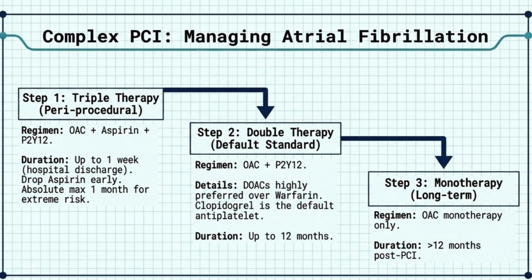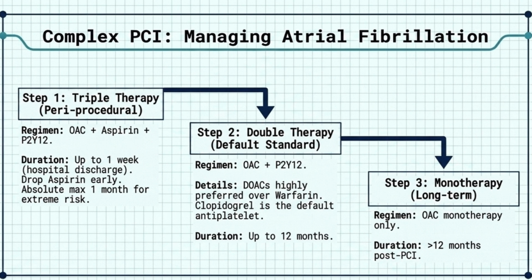Triple therapy is now restricted strictly to the acute peri-procedural window, typically up to 1 week or until hospital discharge. Only in extreme scenarios where a patient's ischemic or stent thrombosis risk is exceptionally high should you consider extending triple therapy, and even then it's capped at a maximum of 1 month.